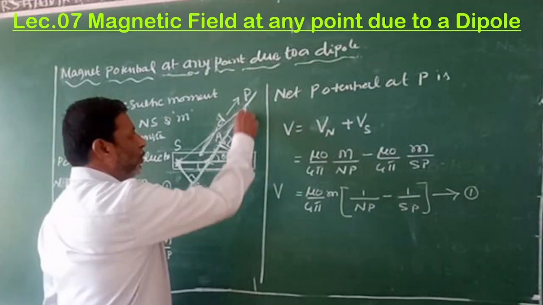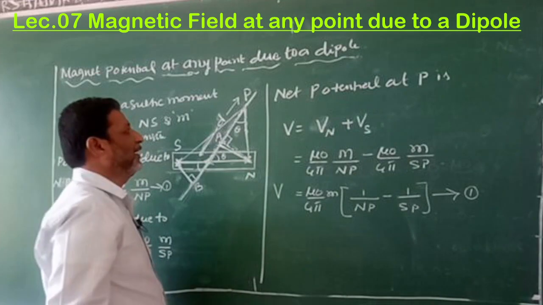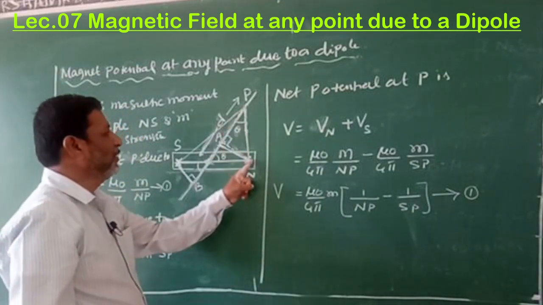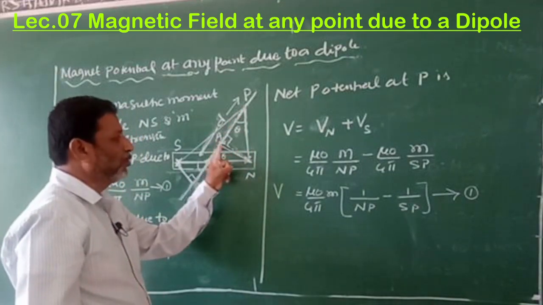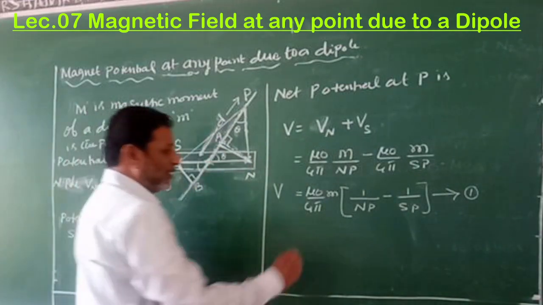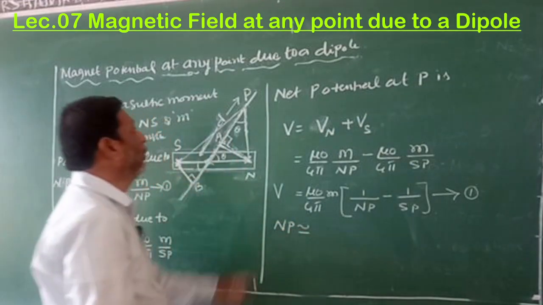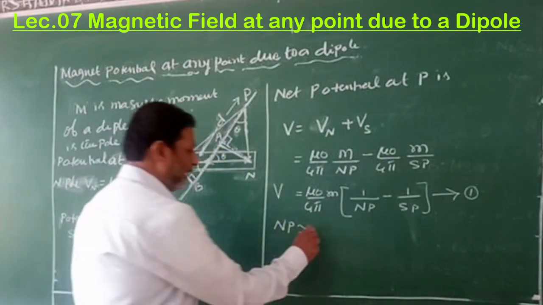For a short magnet, you can see that these two values are almost the same. Then NP is approximately equal to PA.